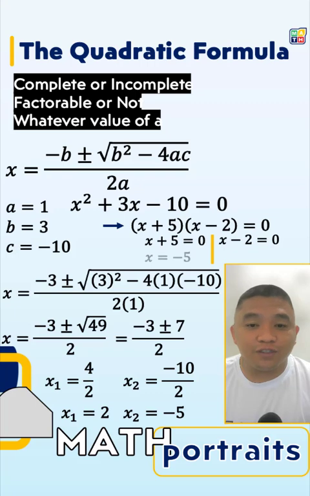So our first root is negative 5 and our second root is 2, which are actually just the same as the roots presented earlier. So this is the proof that our quadratic formula will still guarantee to get the correct and the same roots as other methods.